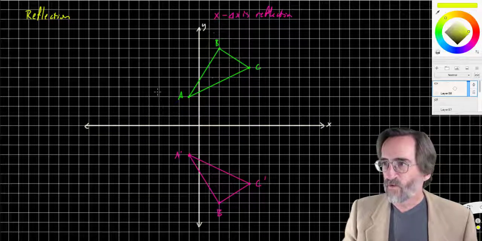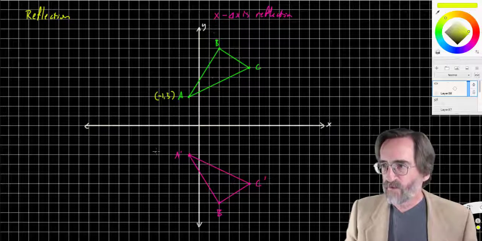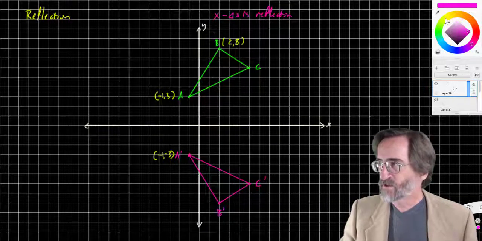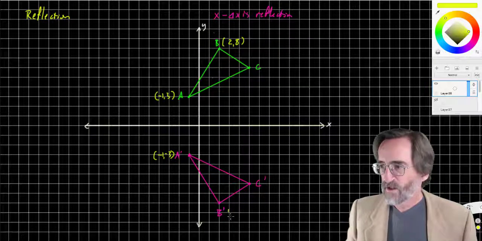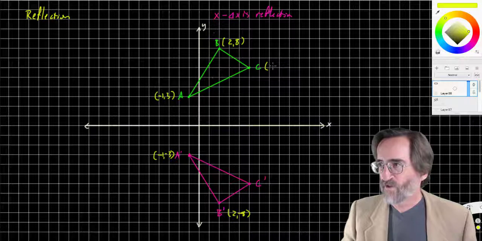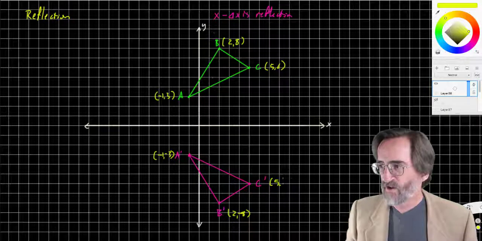Let's look at what happened to the coordinates. A was -1, 3. A prime is -1, -3. B was 2, 8. B prime is 2, -8. C is 5, 6. C prime is 5, -6.